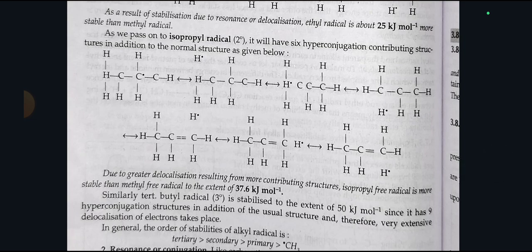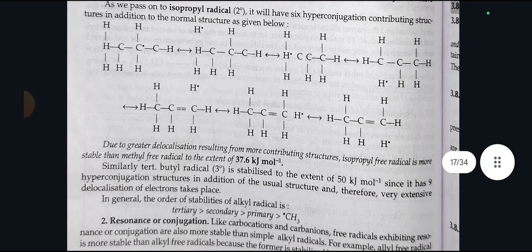As a result of stabilization due to resonance or delocalization, ethyl radical is about 25 kJ per mole more stable than methyl radical. As we pass on to isopropyl radical, 2 degree, it will have 6 hyperconjugation contributing structures in addition to the normal structure as given below.